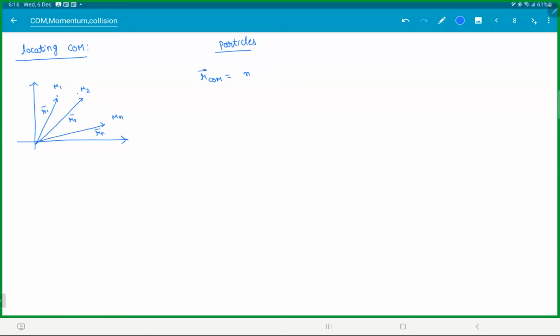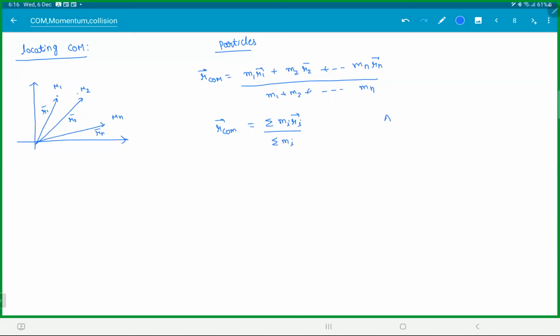I'll write it down once: M1 R1 bar plus M2 R2 bar, and so on till Mn Rn bar, by M1 plus M2 plus so on till Mn. So R center of mass will be sigma mi Ri by sigma mi.